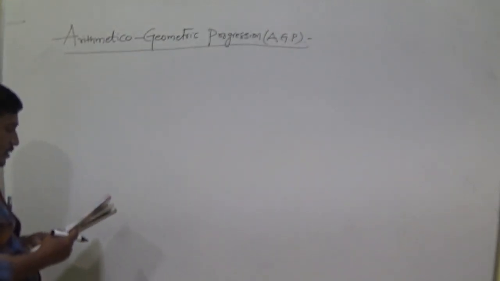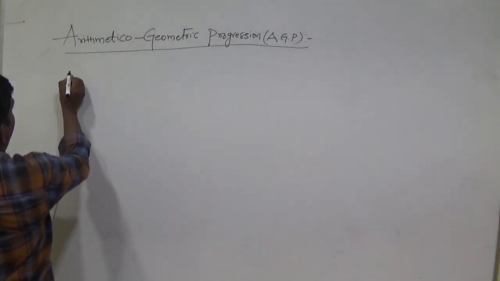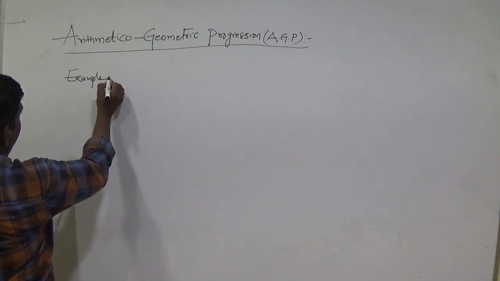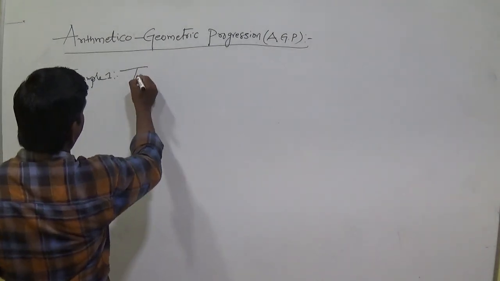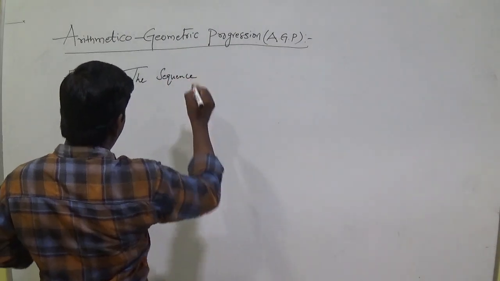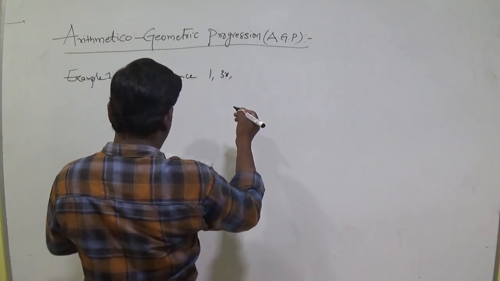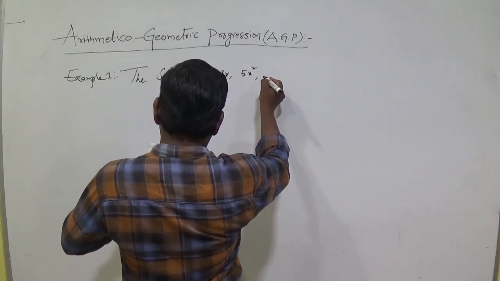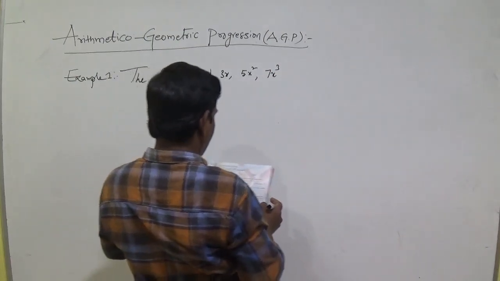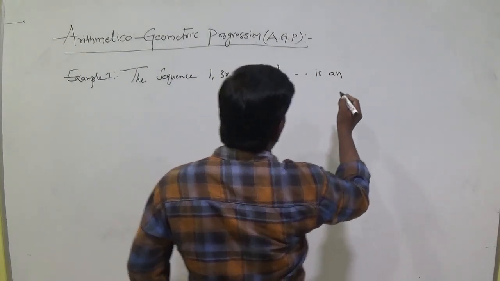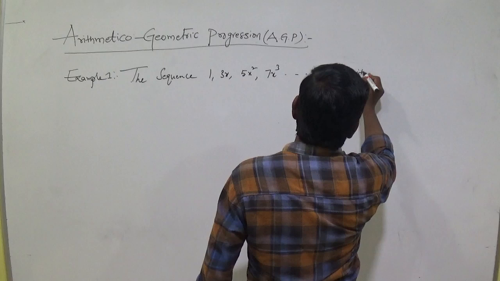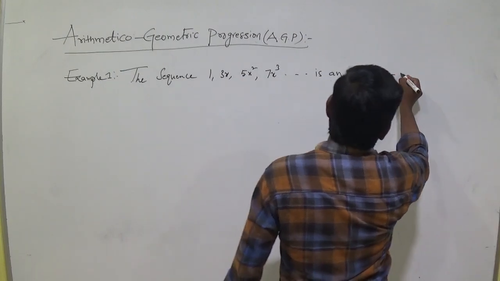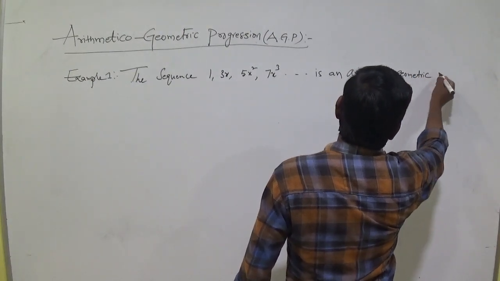Now, let us do an example. Example 1. The sequence 1, 3x, 5x squared, 7x cubed is an arithmetic-geometric sequence.